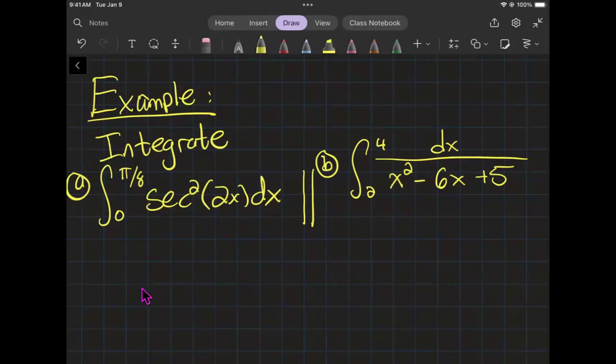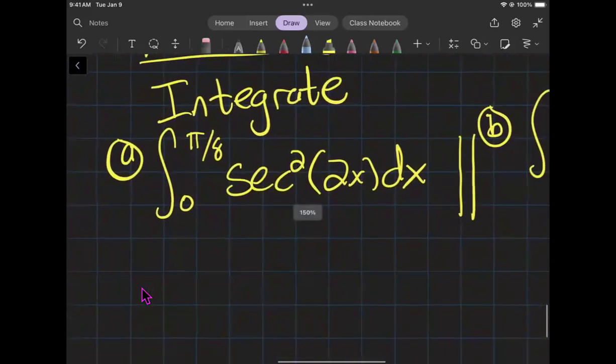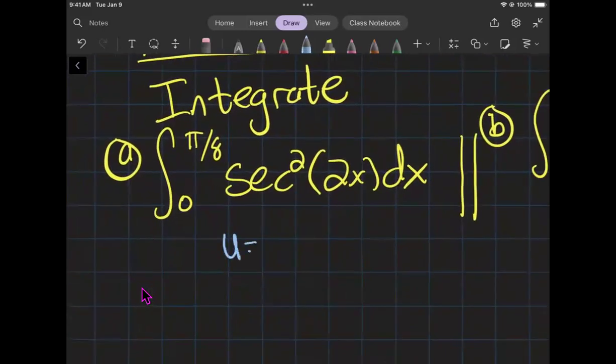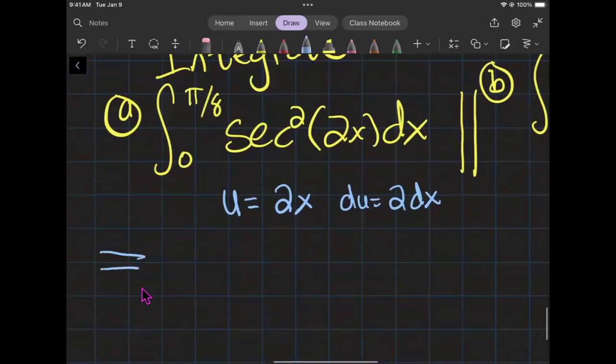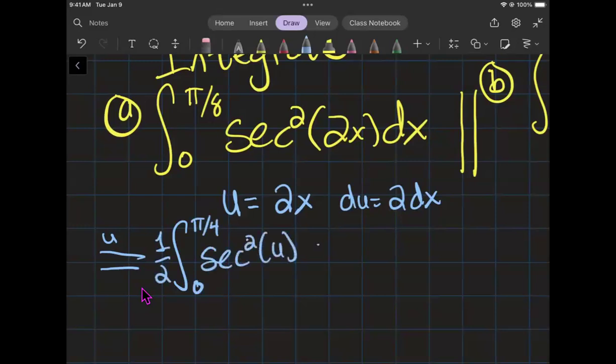Okay. All right. I'm hoping you solved these integrals. Let's actually go over the solution. Okay, so part A here, we're going to look at a u substitution. So u equals 2x. And then if we differentiate both sides, du is equal to 2 times dx, right? So in terms of u, the integral would transform to be the integral from 0 to pi over 4 of, in this case, 1/2 times secant squared of u du, right?